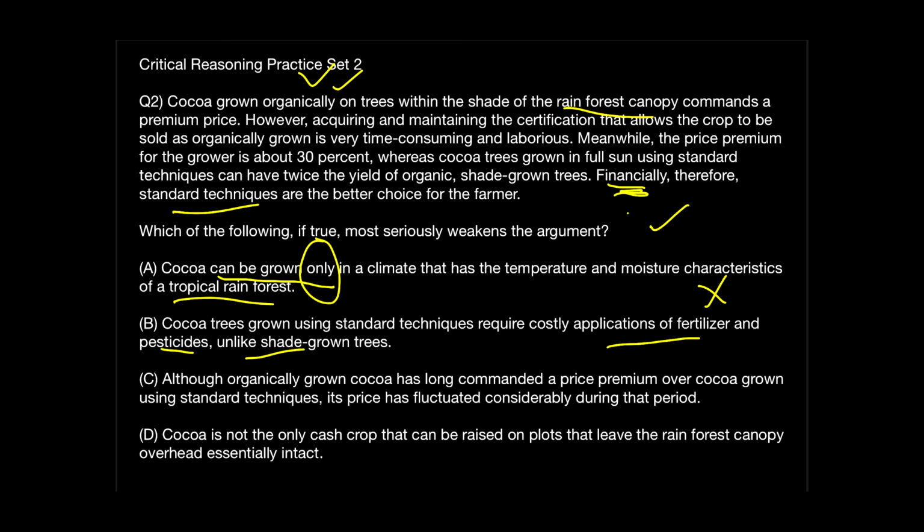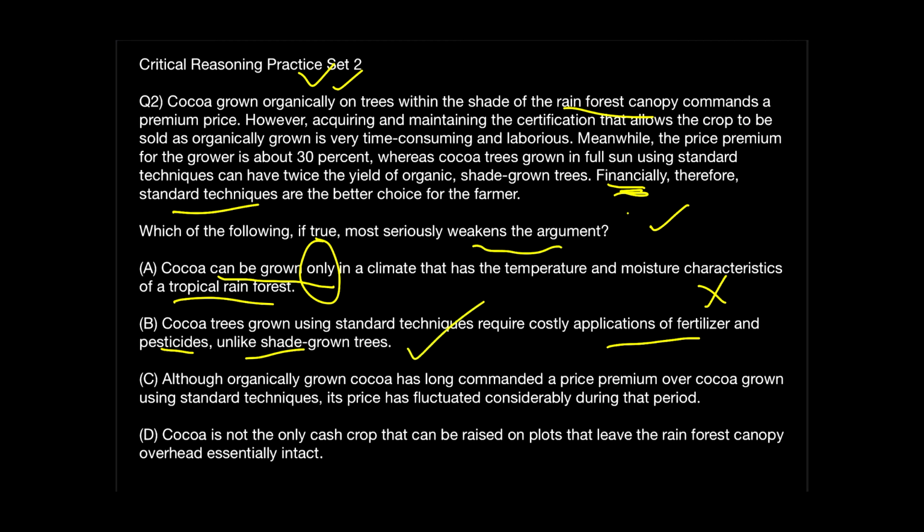The author was specifically talking about standard techniques being financially a better way. But the point that in standard technique we will still require application of fertilizers and pesticides, which will require a lot of cost, is going absolutely against and opposite to the argument. So this is the perfect sentence which is weakening the argument.